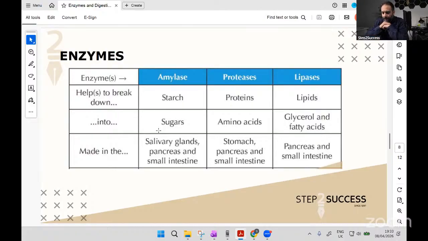Each of these three enzymes has a job, which is to break down a large type of food: starch for amylase, protein for protease, lipids, which are fat, for lipase. Then these big things get broken down into smaller things: sugars, amino acids, and fatty acids and glycerol. And then where those enzymes are made is here. So if you've learned this table, a lot of those questions become much more straightforward.